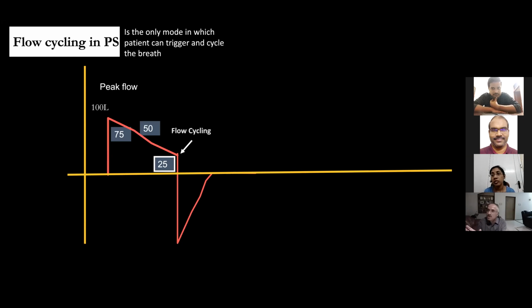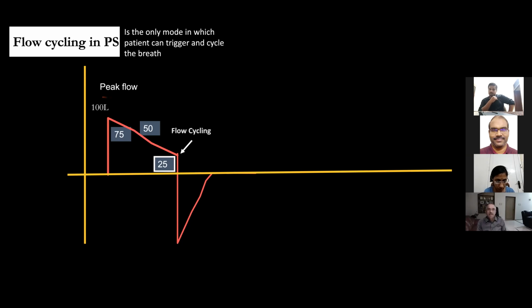That means the IE ratio will change. If the patient is generating bigger tidal volumes, he will breathe for a longer time. So in a pressure support mode, you cannot set IE ratio and respiratory rate. They are controlled by the patient. Only thing you can set is pressure support, trigger, and the cycling ratio.